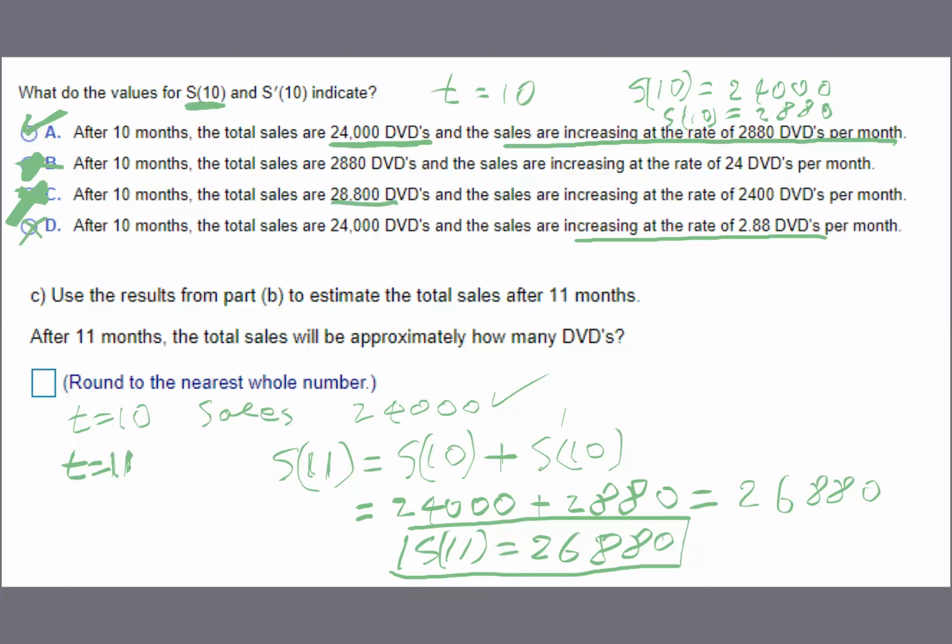Just a quick note here is that we are estimating by using the first derivative. So if you want to challenge yourself a little bit, find S of 11, put 11 into the sales function. You'll see that that's a little bit different than what we got in here. All right, so this is it for examples from 10.3.